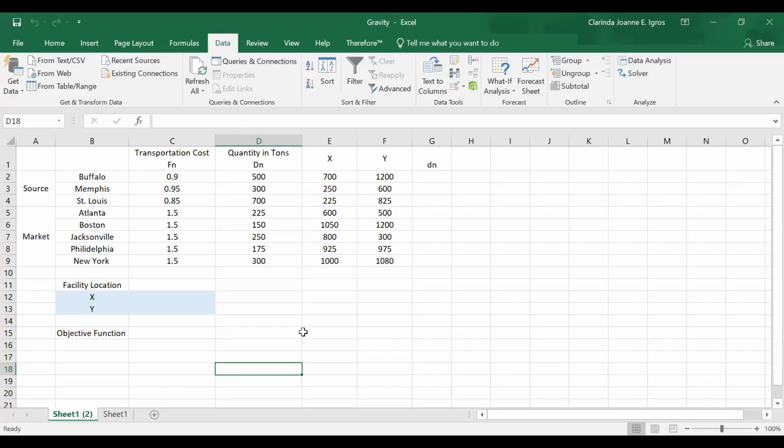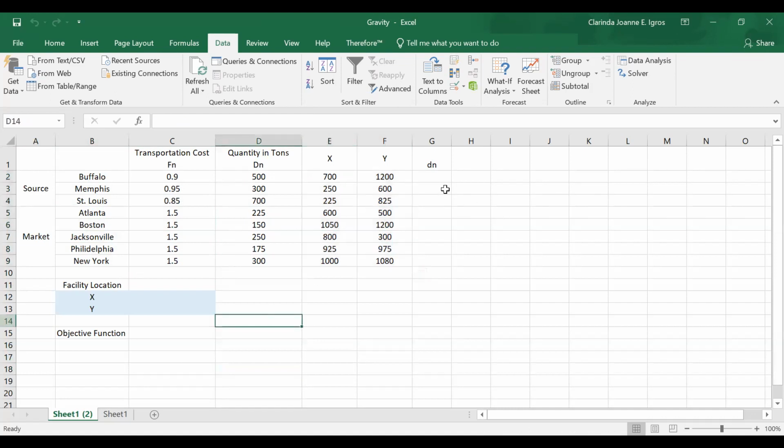In this one, the source location and its market location are identified. The transportation cost for each resource and market is identified, as well as the quantity needed by the market and the supplied source. So this is the facility location. This will be the coordinates as the X and Y location.